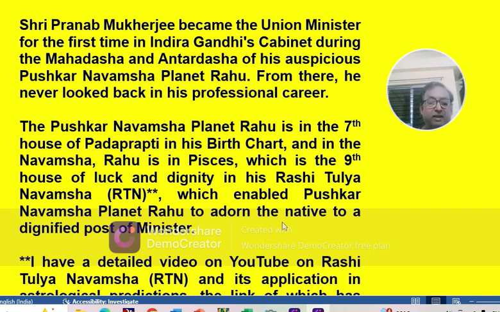The Pushkar Navamsha planet Rahu is in the 7th house of Padaprapti in his birth chart, and in the Navamsha, Rahu is in Pisces, which is the 9th house of luck and dignity in his Rashi Tulya Navamsha, RTN, which enabled Pushkar Navamsha planet Rahu to adorn the native with the dignified post of minister. There was no look back after that.